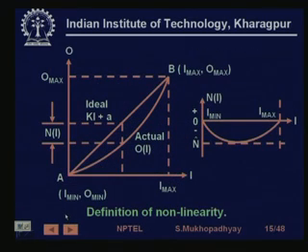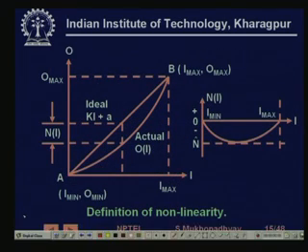For example, in this case a simpler way is to take the reading at the least value and the maximum value, and then simply assume that the characteristic is going to be like this. Now this is not the best fit line, probably for this curve the best fit line would have been like this.